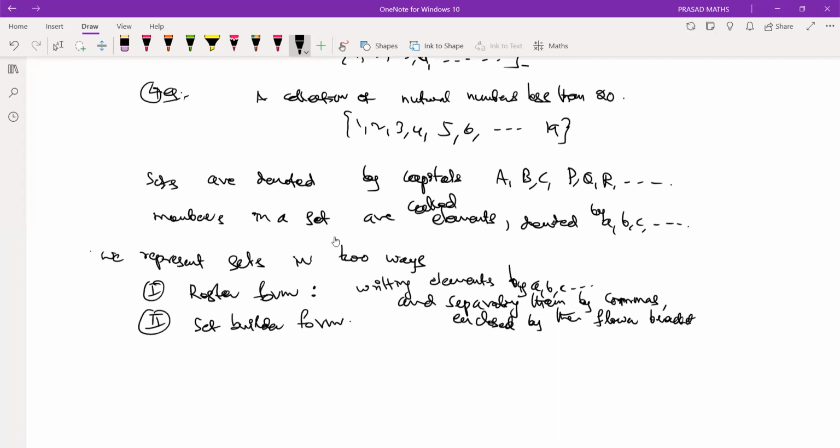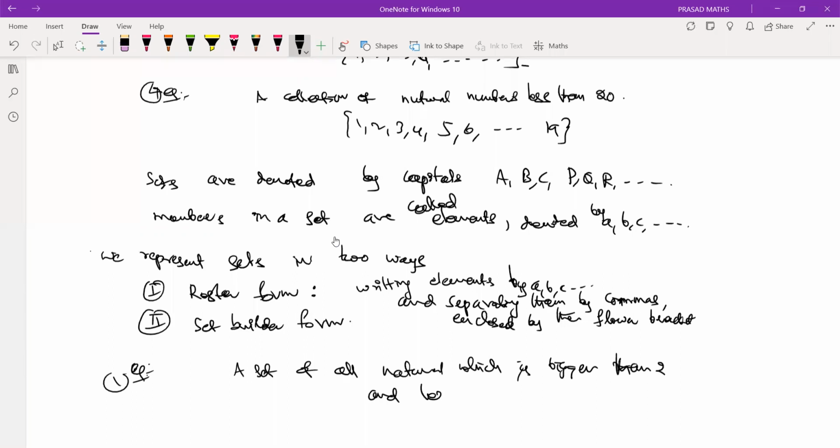So, for example, let me take an example. Set of all naturals which are bigger than 2 and less than 5.